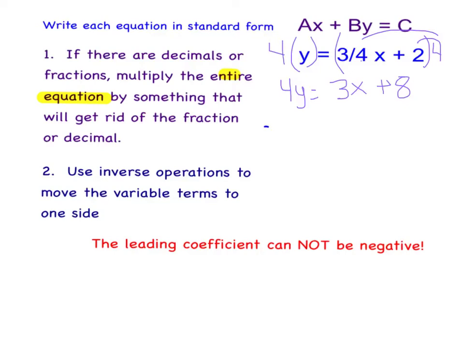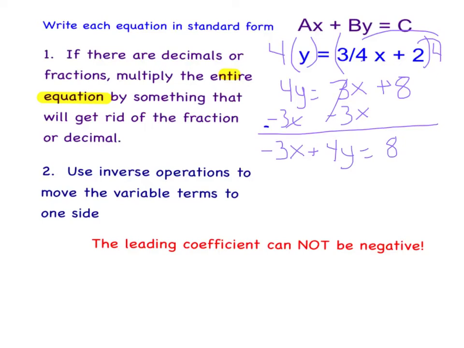To be in standard form, the x and the y have to be on the same side, so I'm going to subtract 3x. So the next part, again, using the inverse operations to move the variable terms to one side. The x term has to be first, so negative 3x plus 4y equals 8.